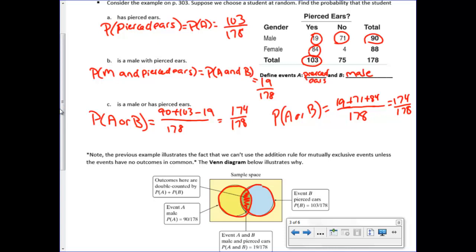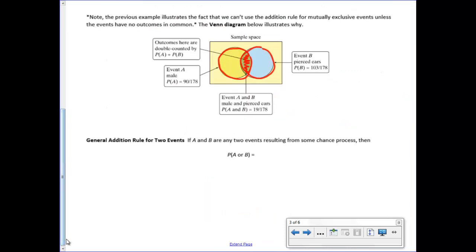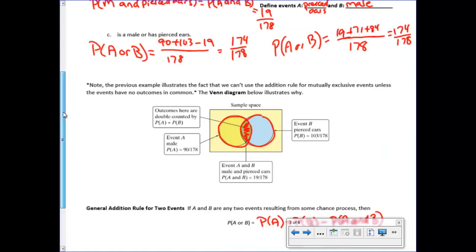So we can take this information, we can show it in a Venn diagram, and we have this rule that we just actually looked at, and we're going to formalize it here. The general addition rule for two events: if A and B are two events resulting from some chance process, we have probability of A or B equals probability of A plus probability of B minus that overlap, minus the probability of A and B. Here's what we did up here.